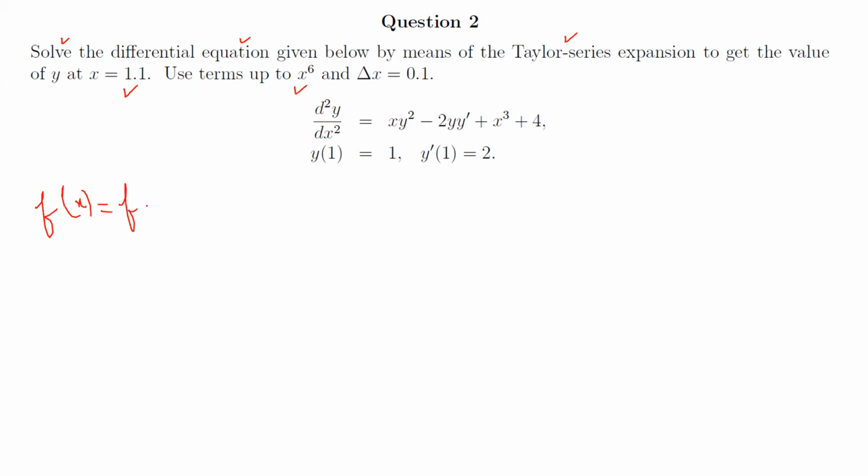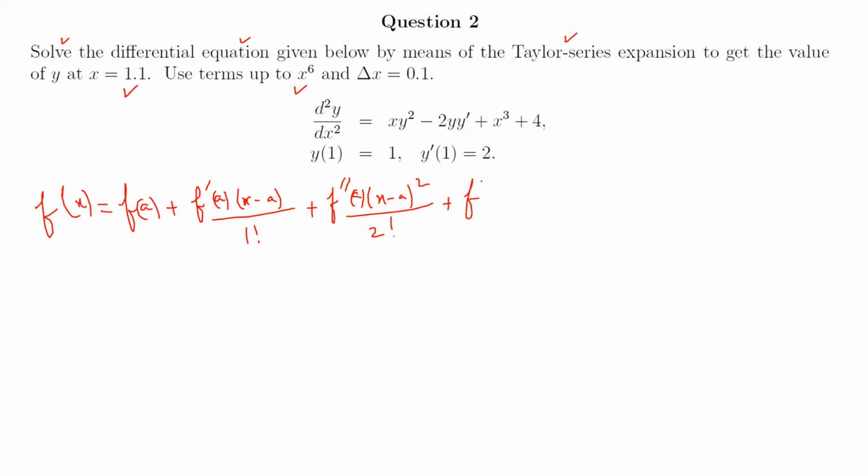So that would be the value of the function evaluated at a, for example. And then we add f primed at a into x minus a, and we divide by 1 factorial. Then we can have the second one, x minus a, you square that over 2 factorial.